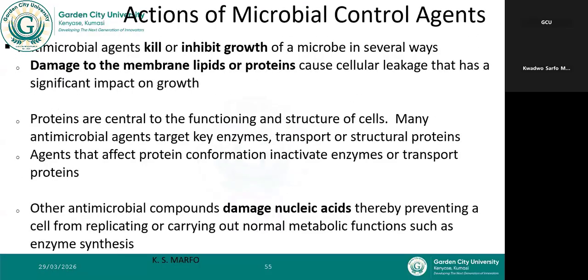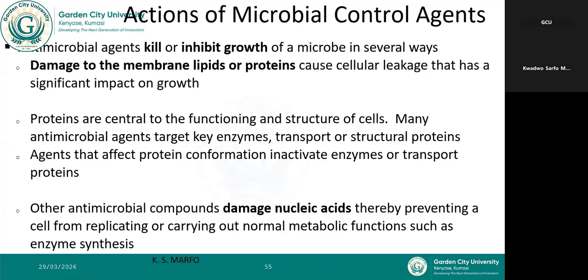So these antimicrobial agents either kill or inhibit the growth by targeting the cell membranes. You know, the membranes contain phospholipids. So once the lipids get dissolved with these antimicrobial agents, or the proteins get denatured, they expose the cells and its components, and any material can go into the cell to destroy it or affect the cellular activities or metabolic activities.